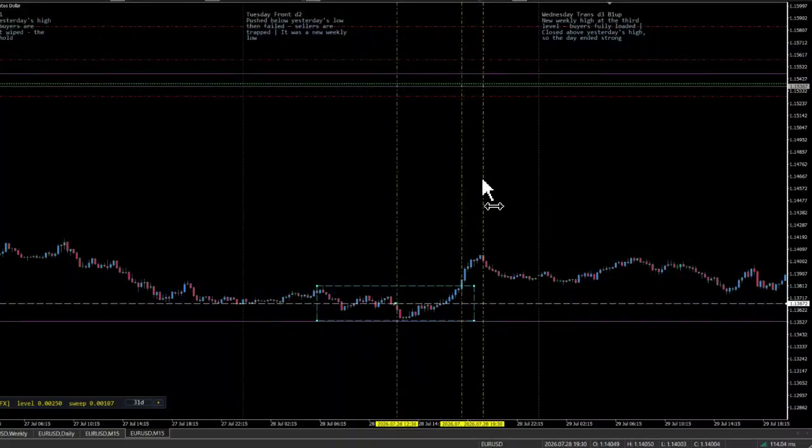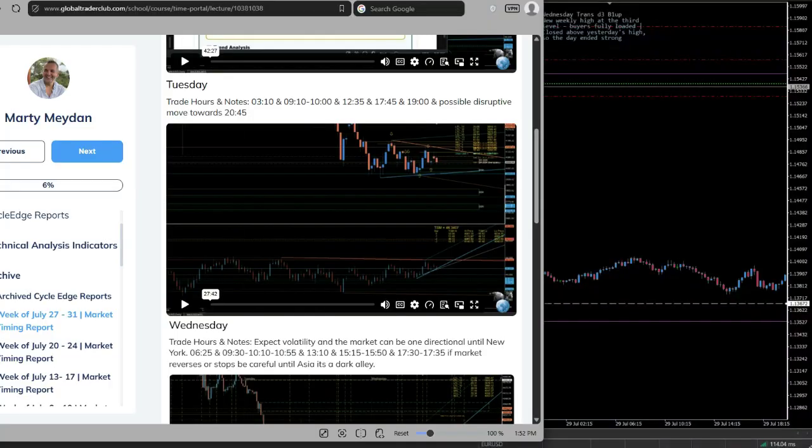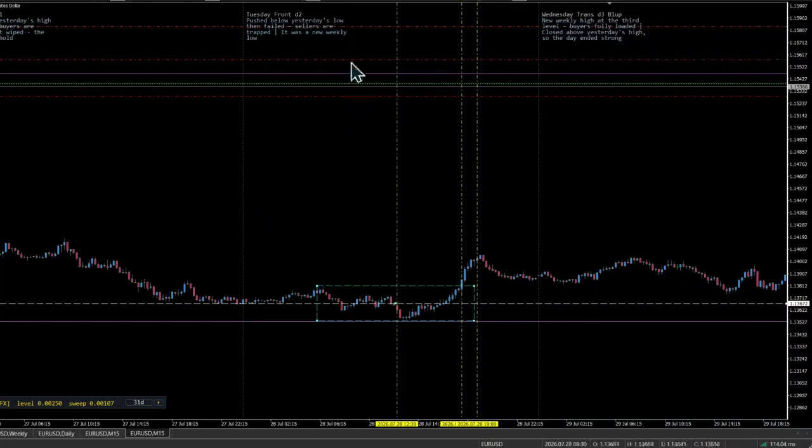Getting me hours wrong. 7 o'clock is here. There you go. And then 8:45. Possible disruptive move towards 8:45. And then going sideways. All right. So this is already known.